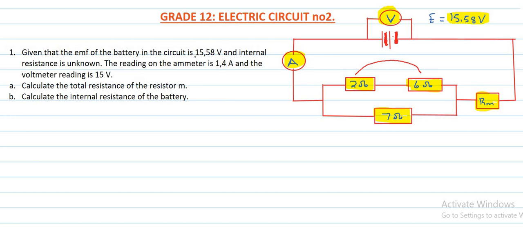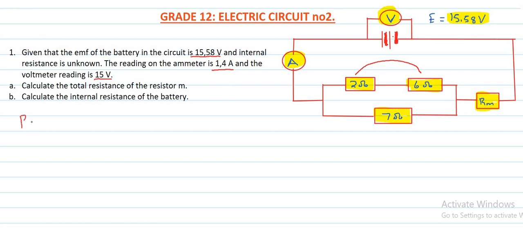We are given the emf, which is 15.58 volts, the reading on the ammeter, which is the total current, 1.4 amperes, and the reading on the voltmeter, which is 15 volts. Since we need the resistor Rm and we have the total current and the total voltage, we can start by calculating the total resistance.